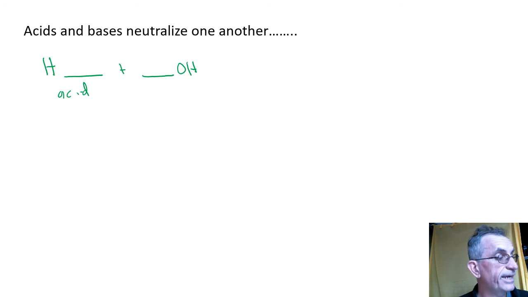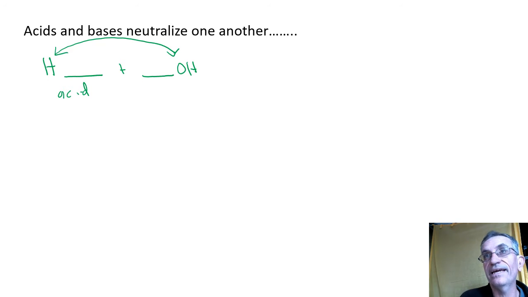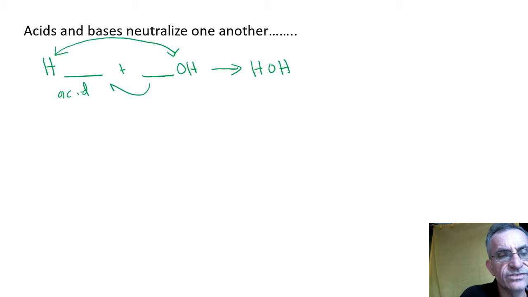In an acid-base reaction, the hydrogen from the acid and the OH from the base get together and make water. When we talked about this earlier, I said one way you can write water is HOH, and then the middle parts will get together and there'll be some other product.